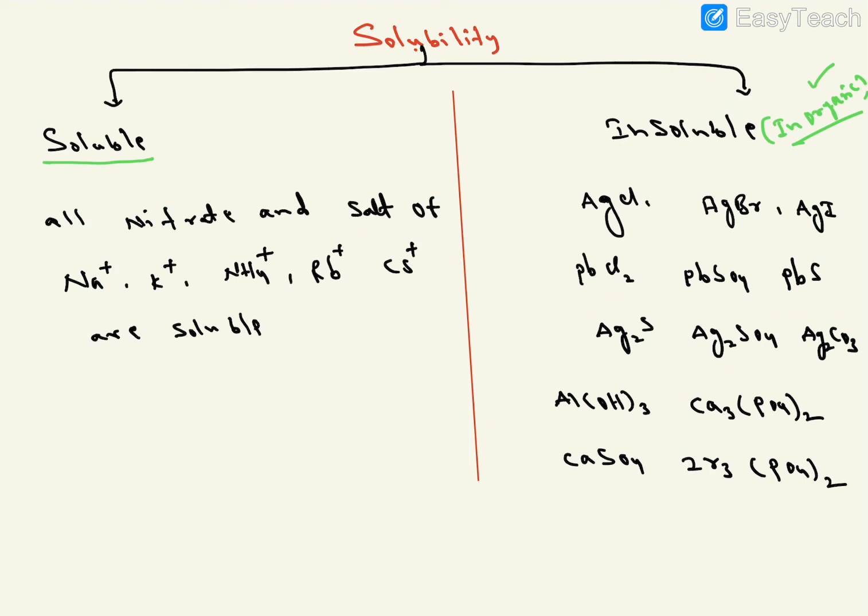According to inorganic chemistry these are insoluble salts, but according to physical chemistry, every salt can dissolve a little amount in a given solution. So a completely insoluble salt is not there.